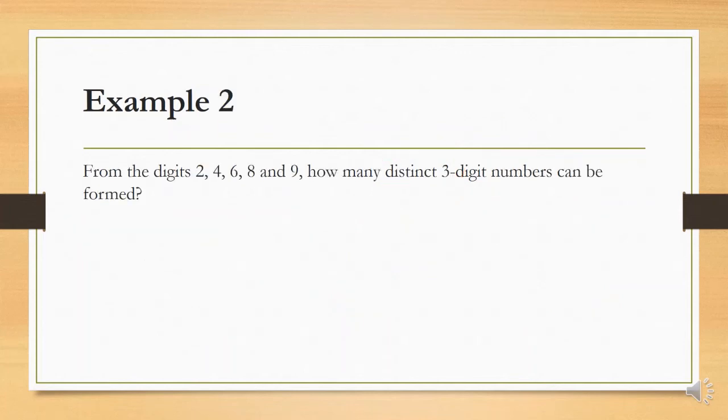Okay, so example number 2. From the digits 2, 4, 6, 8, and 9, how many distinct 3-digit numbers can be formed? So, meron tayong 1, 2, 3, 4, 5. We have 5. And then, pinapaayos siya as 3-digit numbers. Kapag ganito, ang sabi natin ay, we have nPr. Okay? nPr.